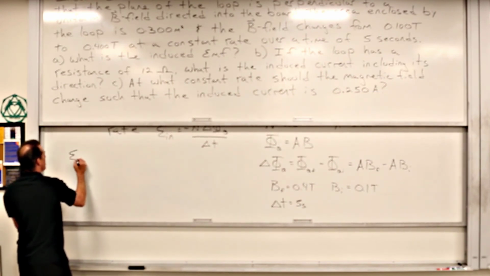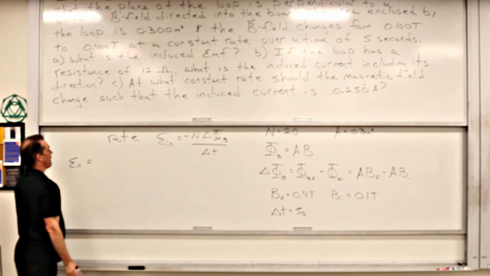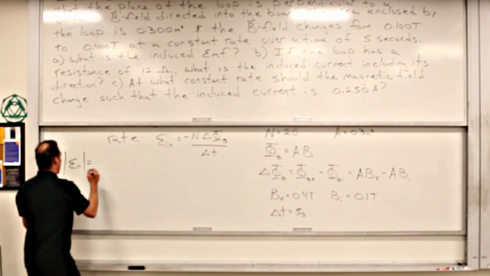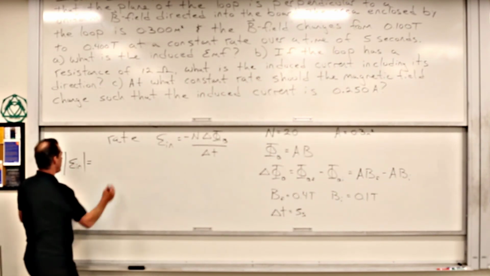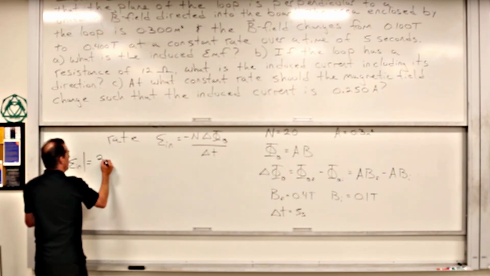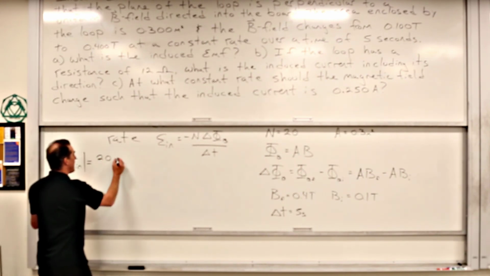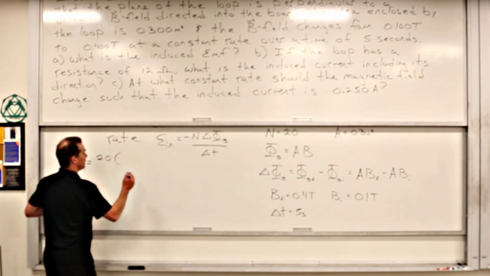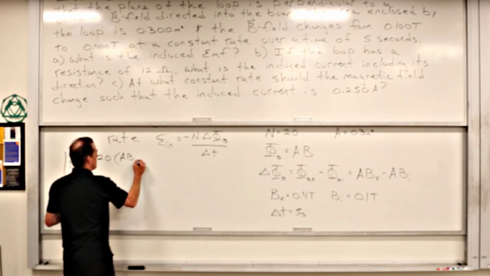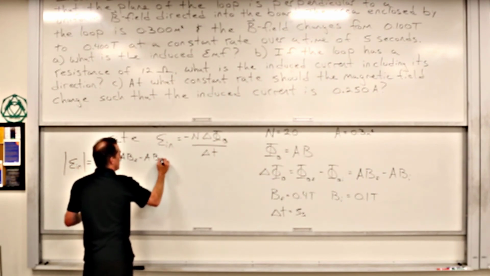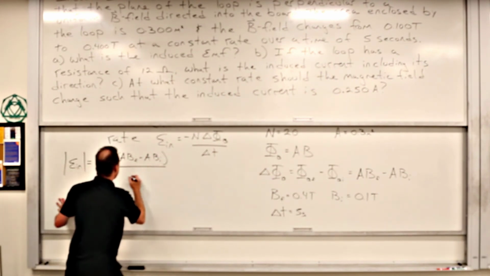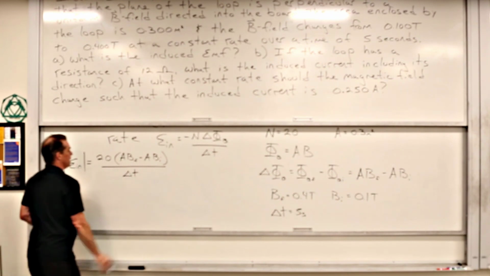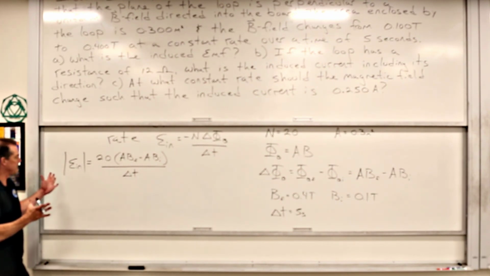The induced EMF is going to be equal to, let's take the absolute value of that, 20 multiplied by A B final minus A B initial, divided by delta t is what this expands out to be.